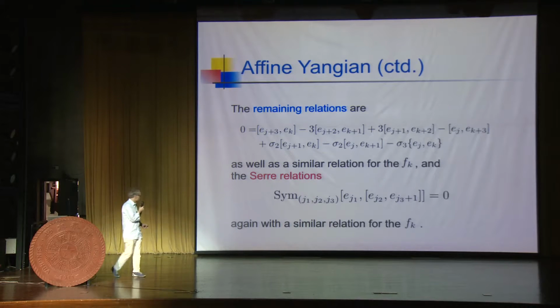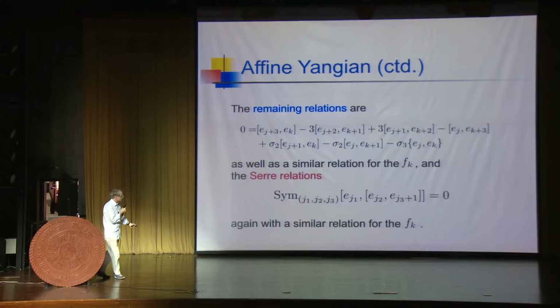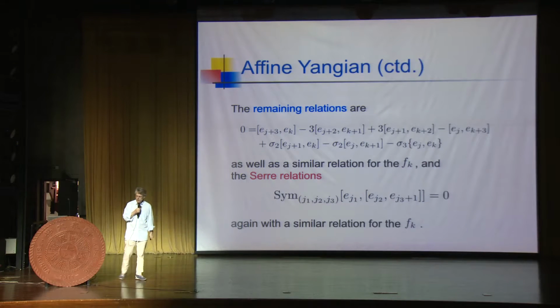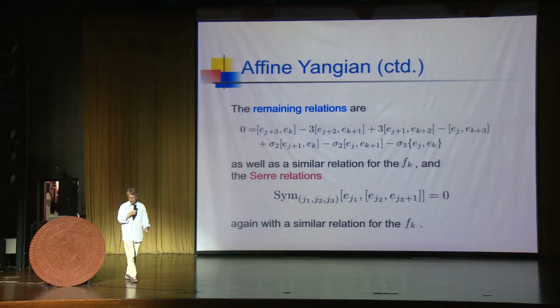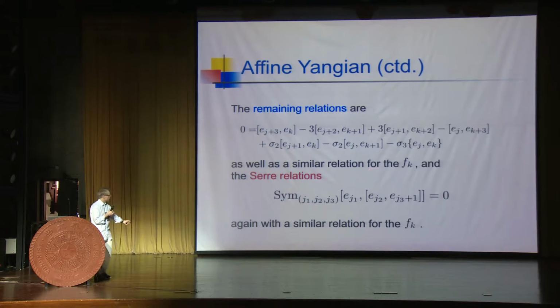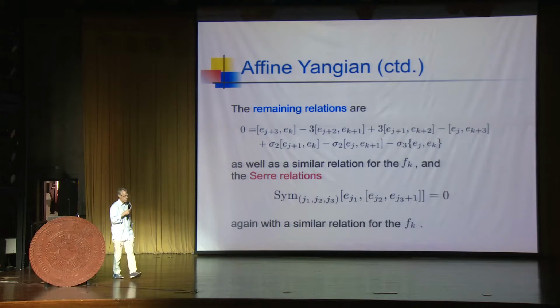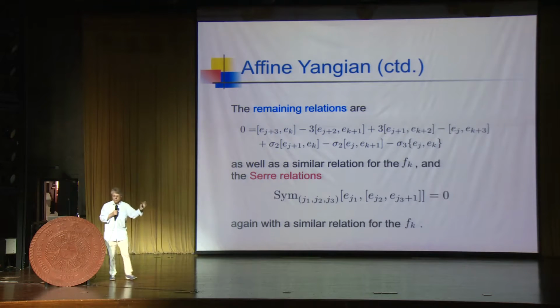And finally, there are two Serre-like relations giving the repeated commutators of three E's, where you symmetrize over j1, j2, and j3, but note that you shift j3 plus 1 here, so this is non-trivial. This gives you Serre relations, and these you have to set to 0. And again, there's a similar relation for the F case. So this is the affine Yangian of affine gl1.